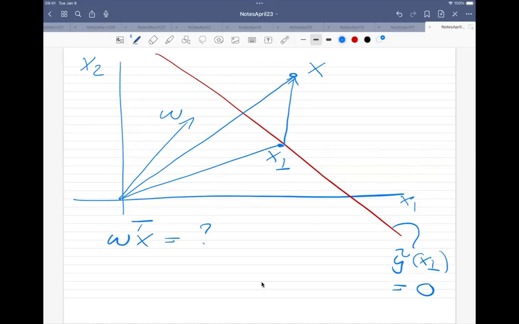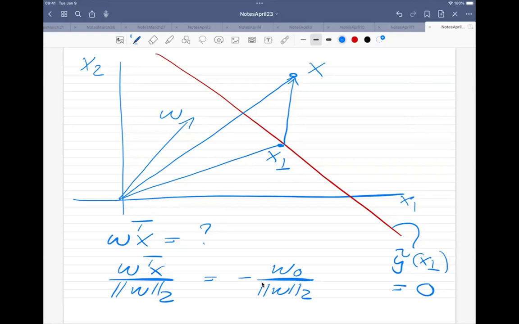Let's take a look at it, because if I now normalize, what I'm going to have is that w^T x, when I normalize it, and I require that this one is equal to, because y of x is equal to 0, this is going to lead to minus w0 divided by the norm here.